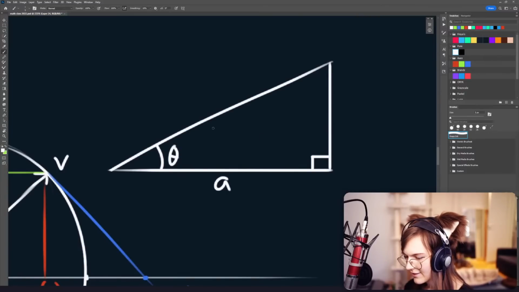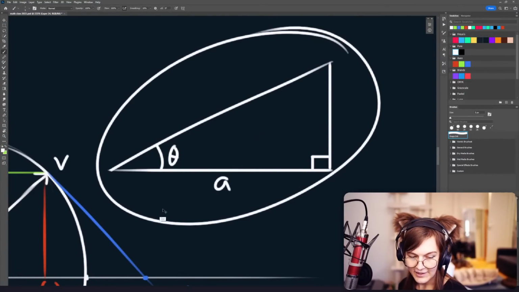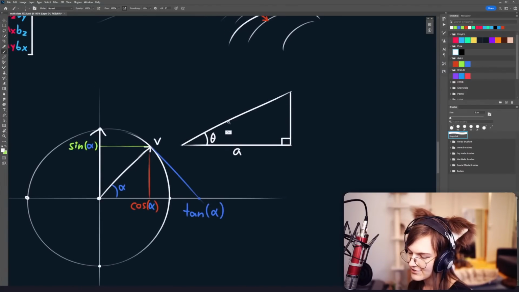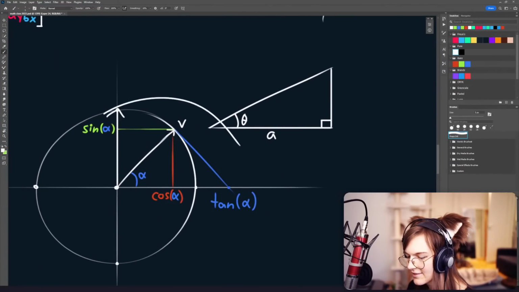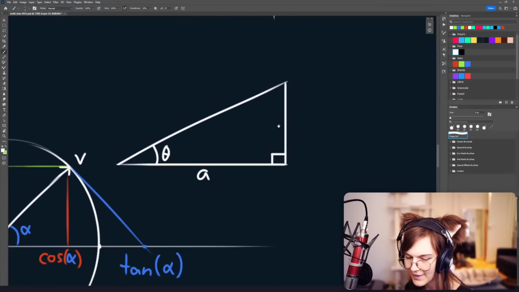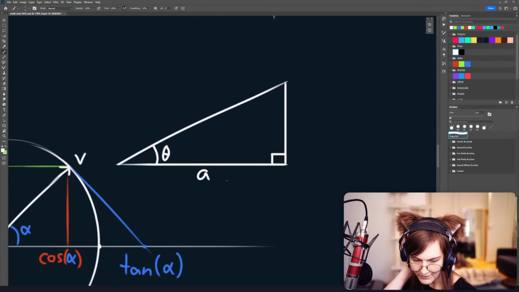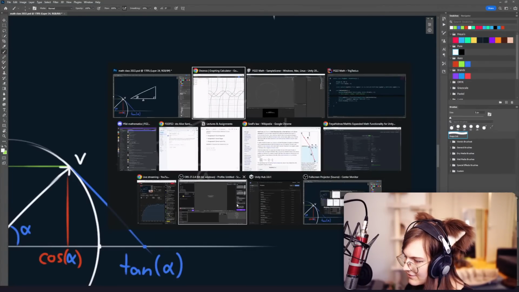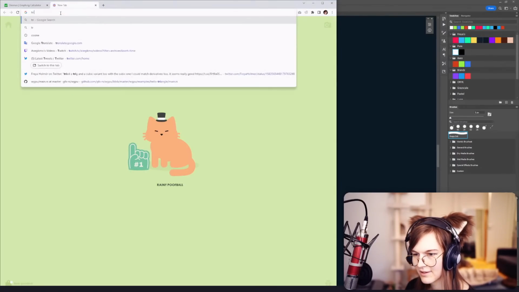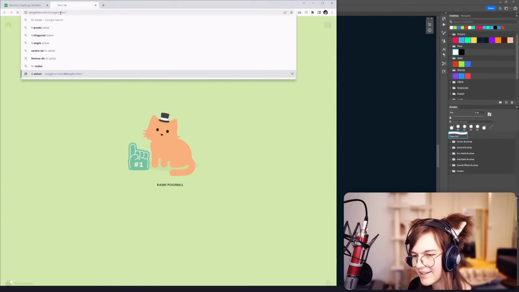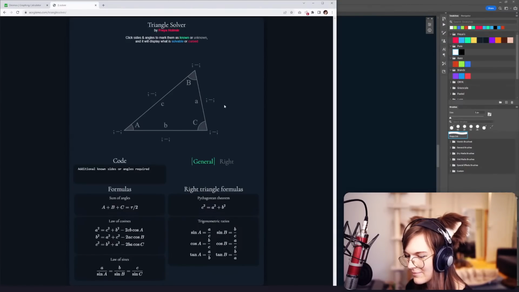There are lots of different ways to do triangle solving, but they all come back to this relationship right here. If you want, you can memorize all the different solutions. If you don't want to do that, I made a triangle solver because I'm lazy and I don't want to look this up every time.